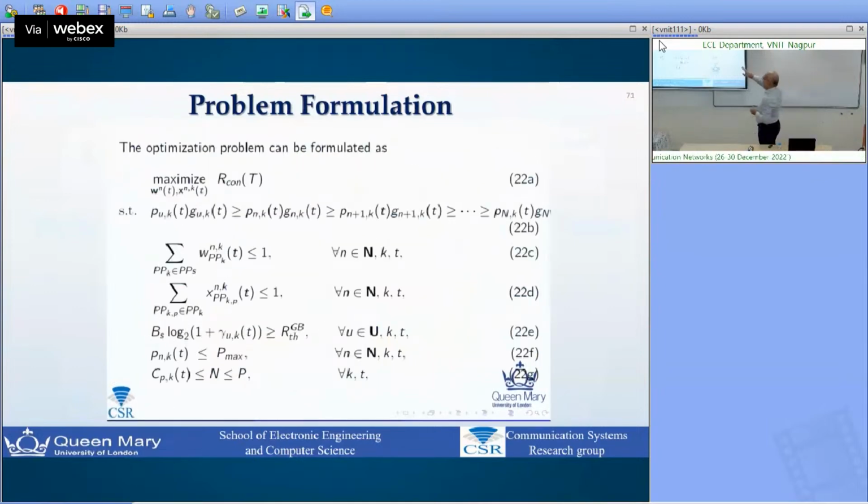Again, the constraint: we are going to decode according to the power level. These constraints are that one particular user can select one power pool and one power level. Then this is the constraint for the grant-based user, who should meet the threshold rate. These are the power constraints. Then this one: the number of power levels is greater than the number of devices.